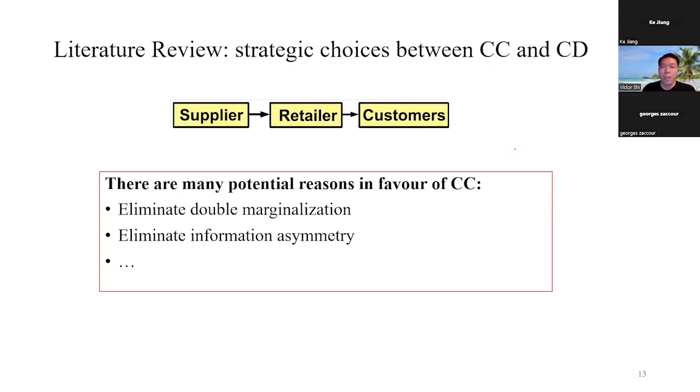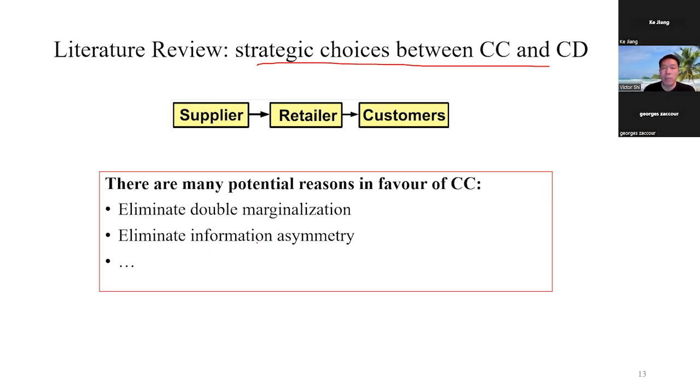So there is also a lot of research on the choice between complete centralization and complete decentralization. There are many potential reasons in favor of complete centralization. First, it's going to eliminate double marginalization, as we just mentioned.